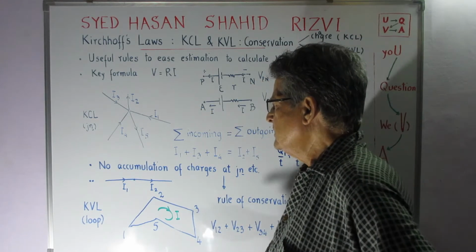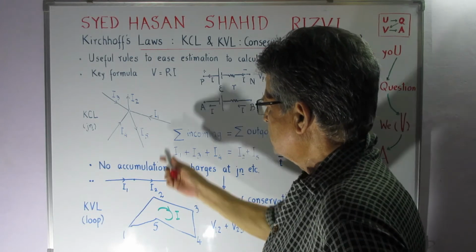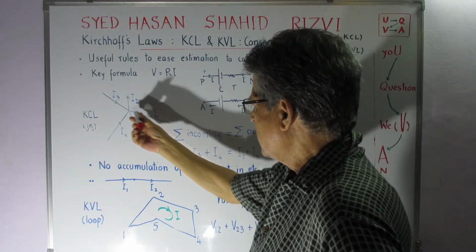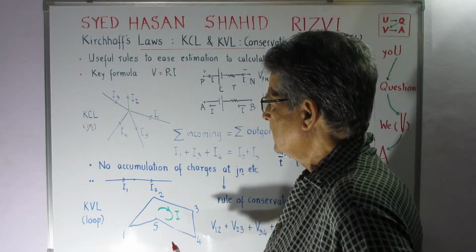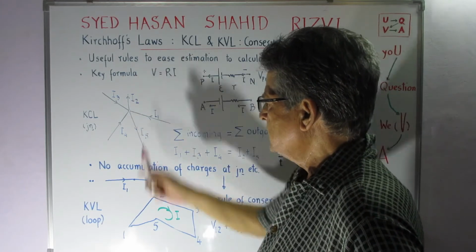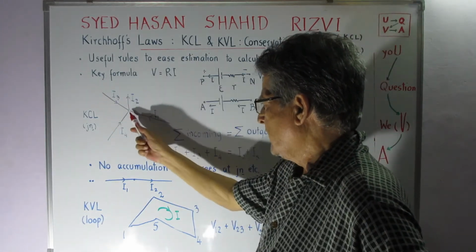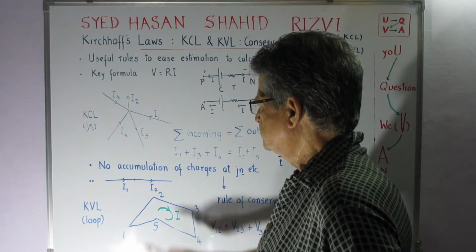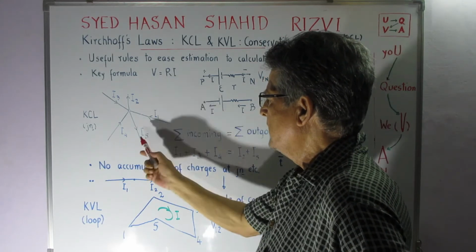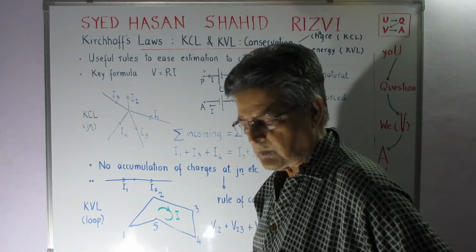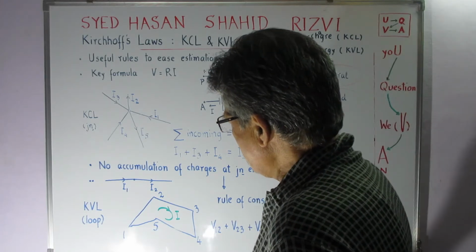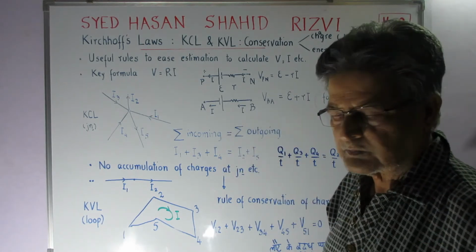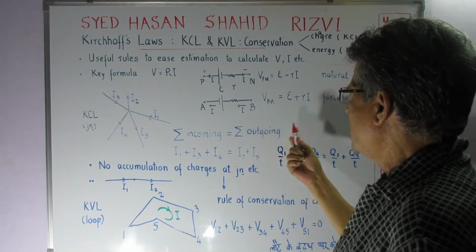And in this junction, I have shown that there are branches from which a current I1 arrives into the junction, I2 goes out of the junction, I3 also arrives into the junction, I4 into the junction, and I5, like I2, is out of the junction.